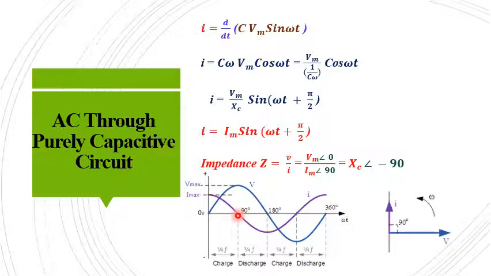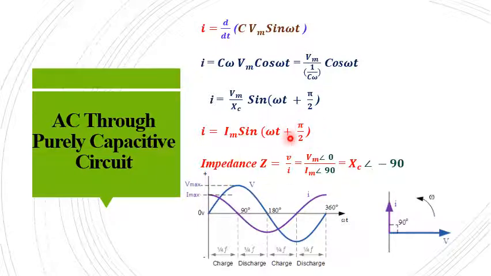Then if we draw the phasor diagram, we can see that voltage is the reference phasor. So first we draw the voltage phasor. The reference phasor is always drawn horizontal. Then what can we say about the current? The current is leading. So the leading quantity should always be drawn above the reference phasor. By how many degrees is it leading?